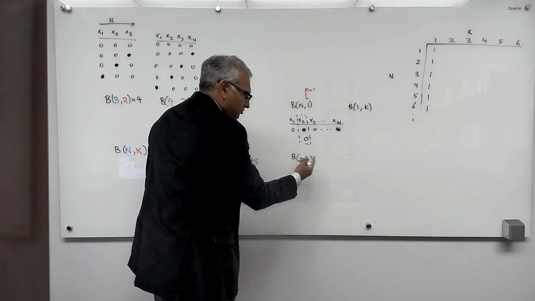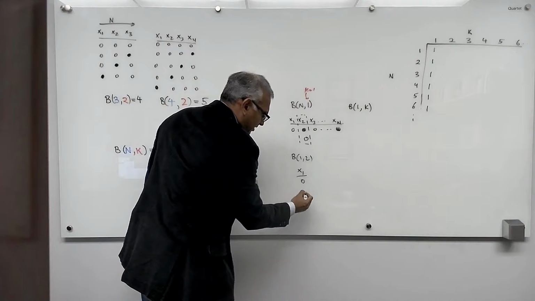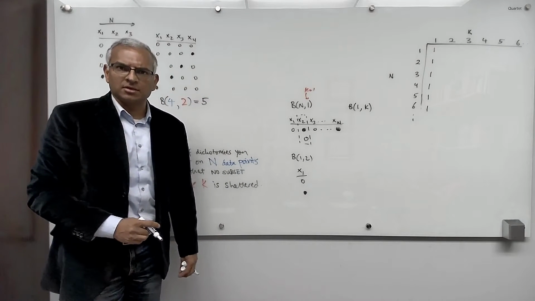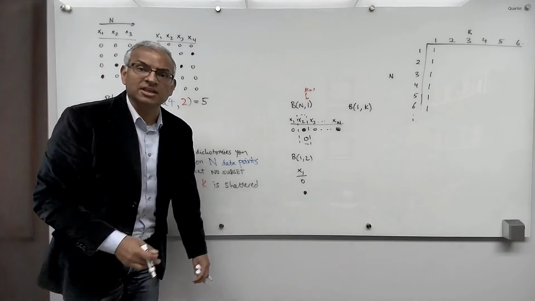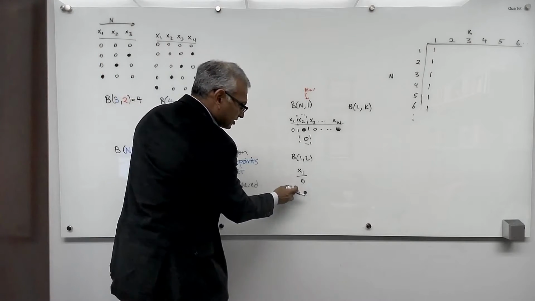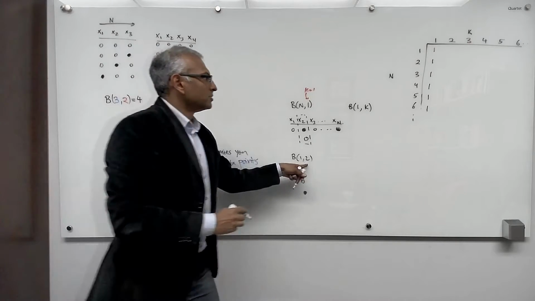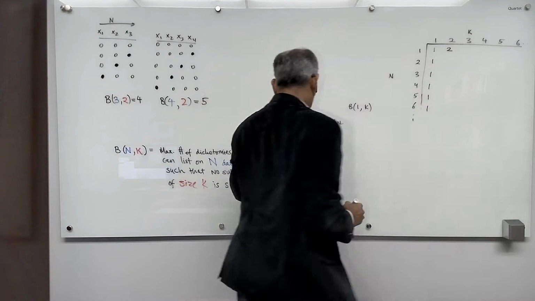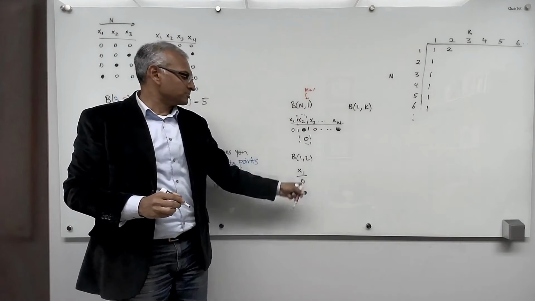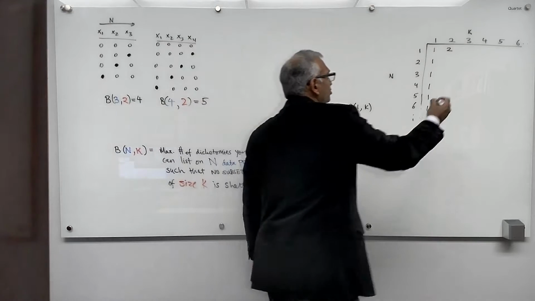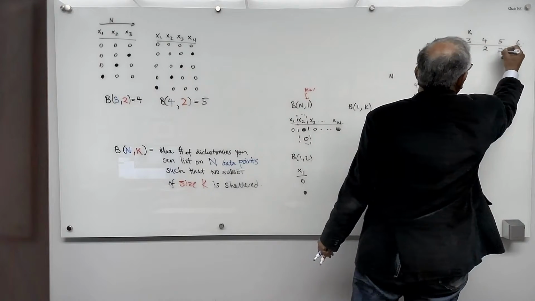Let's list both dichotomies, minus and plus. And I ask you to show me a subset of size 2 that's shattered. Well, you won't be able to, because there's just no subset of size 2. So I can list these 2 dichotomies, and no subset of size 2 is shattered. So this is 2. And if I had 3 here, there's no subset of size 3 that's shattered, and I certainly cannot list more than 2 dichotomies. So it's 2 all the way across.